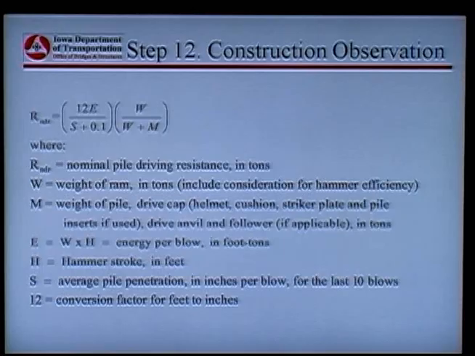If it's not, then we will do a restrike at 1 day, right? Retap the pile, and verify that new set determined at 1 day after end of driving, and input it in this equation and calculate the new R, the driving resistance. If it's greater than, again, 77 tons, we consider the pile performance is accepted.